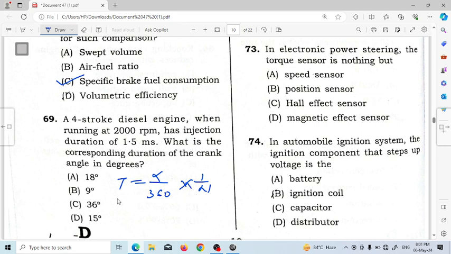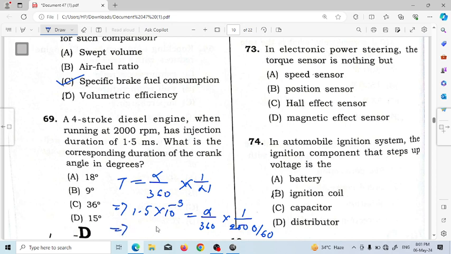The time given is 1.5 into 10 to the minus 3 seconds, alpha is to be found, 360 degree into n, given 2000 revolutions per minute. Convert it to seconds. After calculating, we get alpha as 18 degree. So option A is the correct answer.